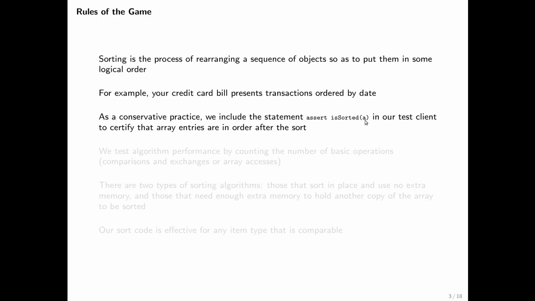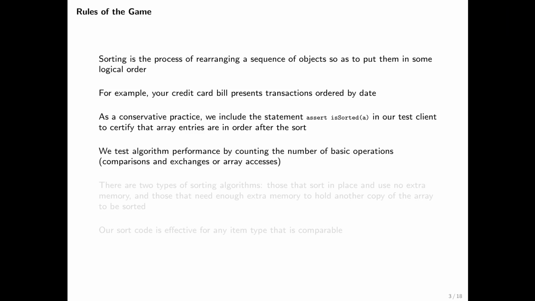So if A has been correctly sorted, then this assertion is going to be a no-op. Otherwise, there will be an assertion error. And once we see an assertion error, we would know that our sorting algorithm is flawed and that we need to fix it. So we're going to do this in every test client. We will have this assertion statement just to make sure that our implementation of the sorting algorithm is correct and it properly sorts the given array A.